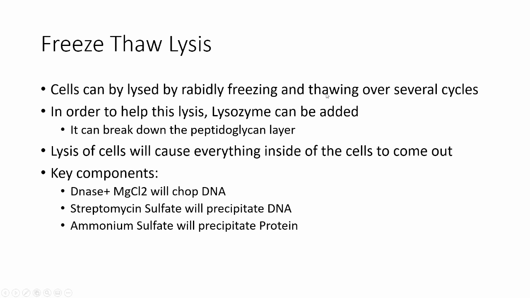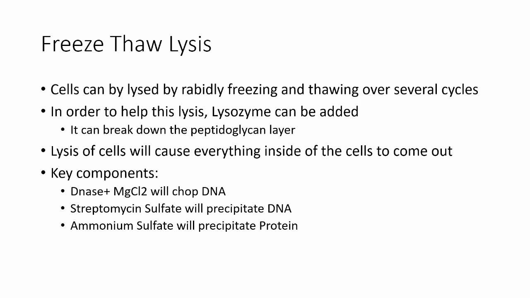To aid in this process, we also add an enzyme known as lysozyme. It breaks down the peptidoglycan layer in bacterial cells. So we'll usually take our cells and add some of this lysozyme, as well as a hypotonic buffer.